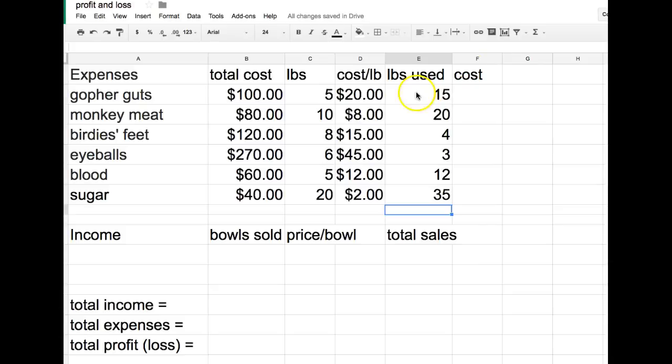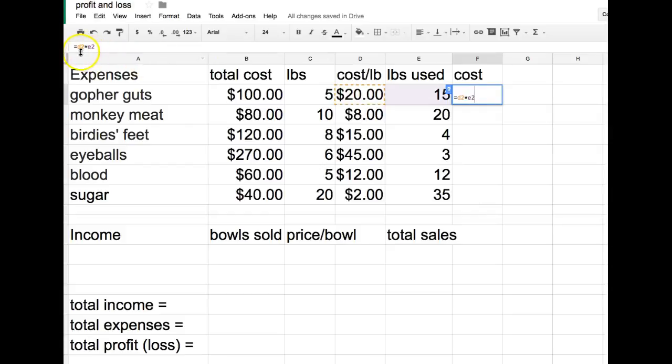So now, what was the cost based on these pounds? Take the cost per pound and multiply by how many pounds we used. So in F2, we say equals D2 star E2.